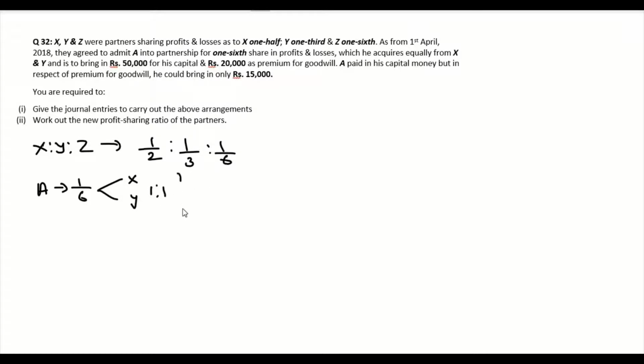And for this new share, he is going to bring 50,000 as his capital and 20,000 as goodwill. 20,000 goodwill is calculated for his new share, but out of this he is going to bring only 15,000 cash.